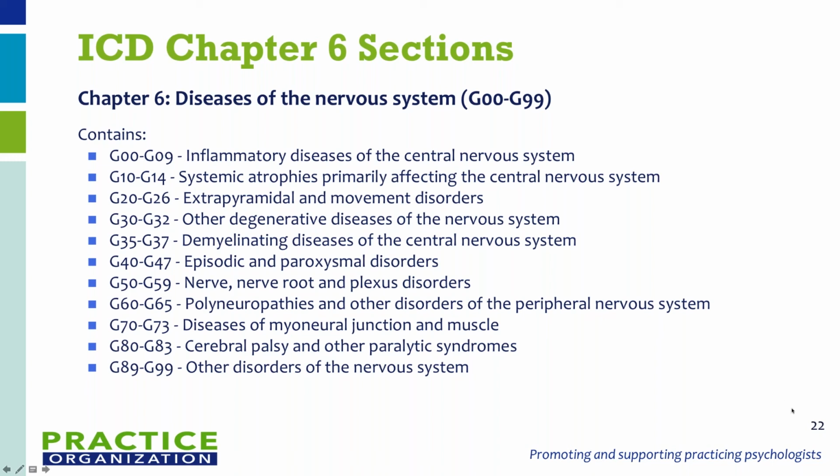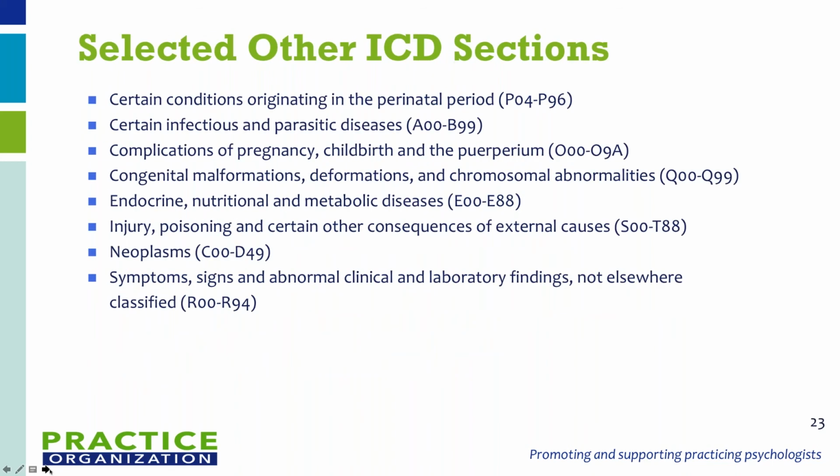So the G89, G99 may be less likely to be reimbursed than the prior ones, simply because they're much more granular, much more specific, and that's what the ICD system is looking for. It's avoiding or moving away from unspecified disorders and getting into specific and granular situations. Slide 23 also has a couple of other examples. Next slide, please.